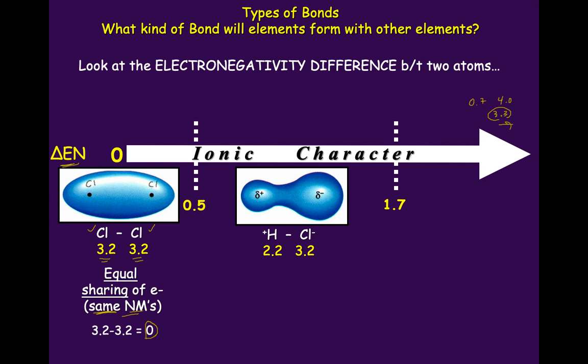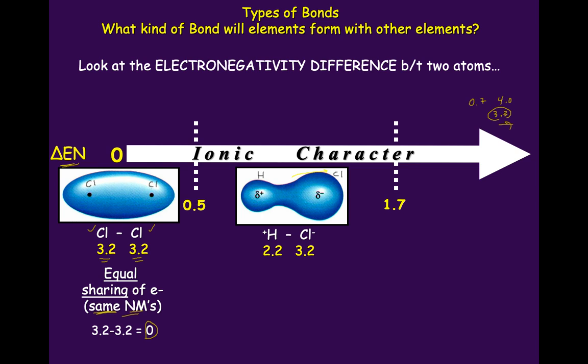If you have H here and Cl here, you're going to be pulling at different strengths. You can see hydrogen pulls at 2.2, but chlorine still pulls at 3.2. So the electron cloud becomes distorted. The electrons actually spend more time around the chlorine than they do by the hydrogen.